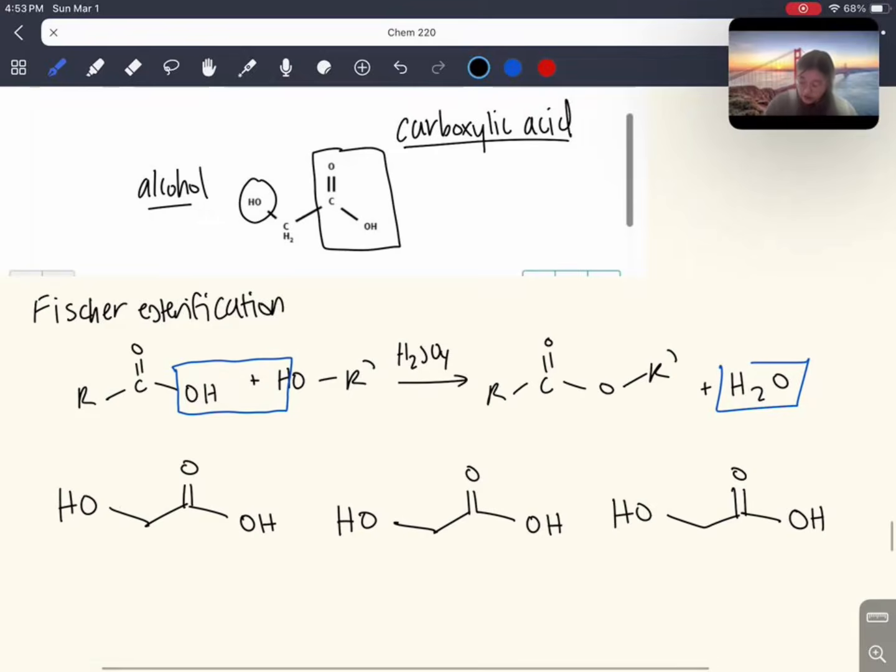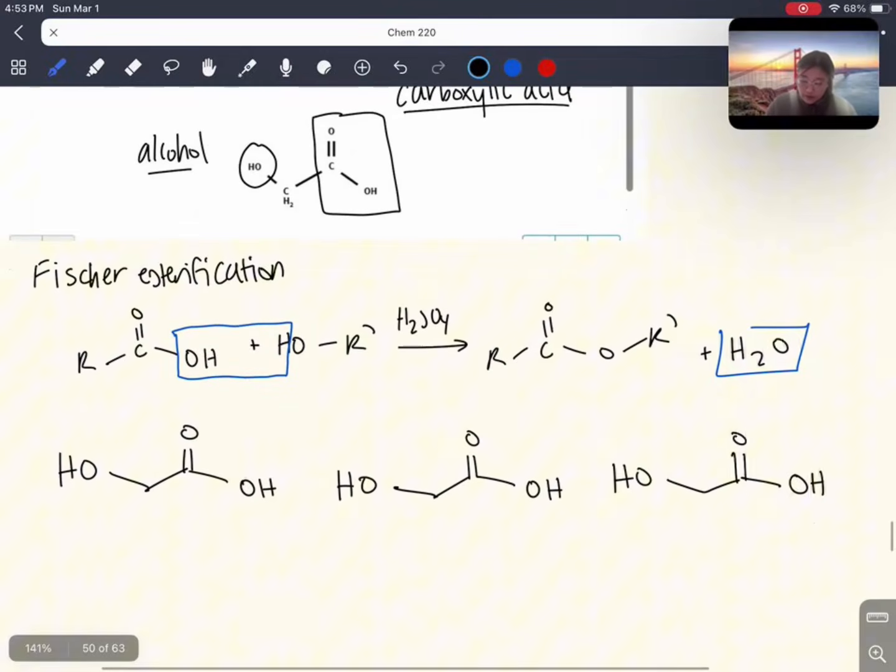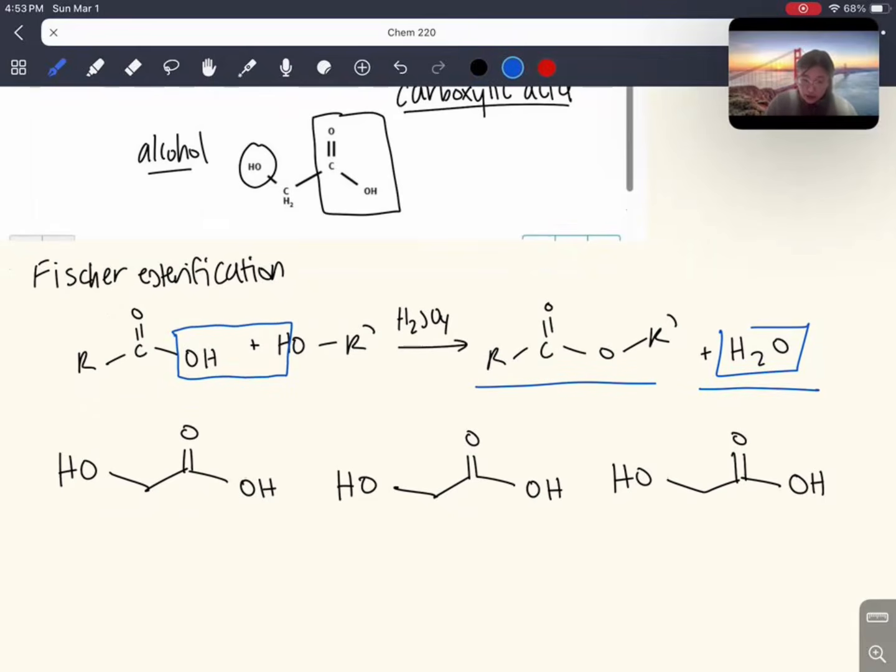Now that we have our three monomers, we have to remember that we're forming an ester and also water. The condensing part is combining two monomers to form an ester, with water as a byproduct. So if we're combining three monomers, we're going to have two connection points, so two molecules of water will leave.